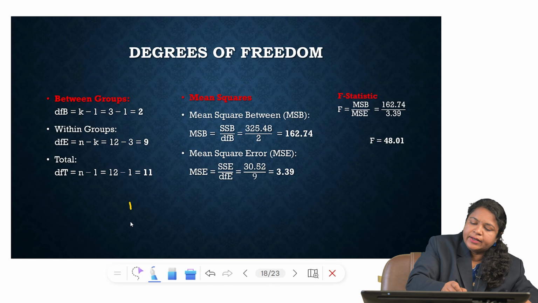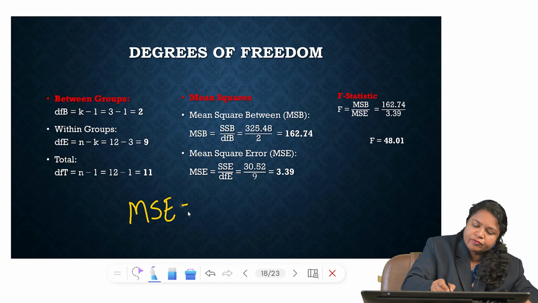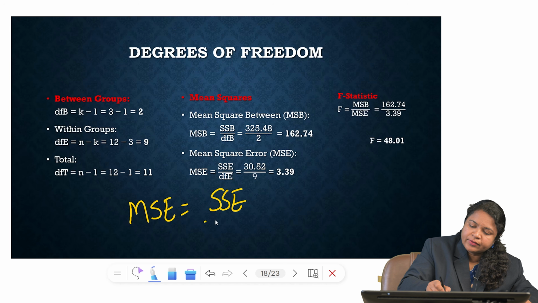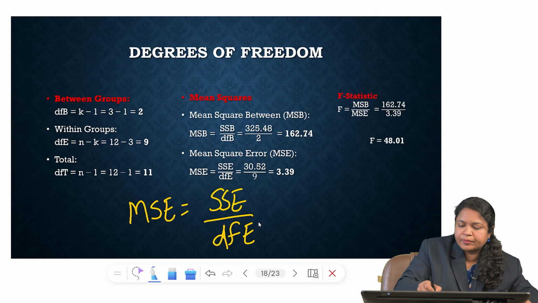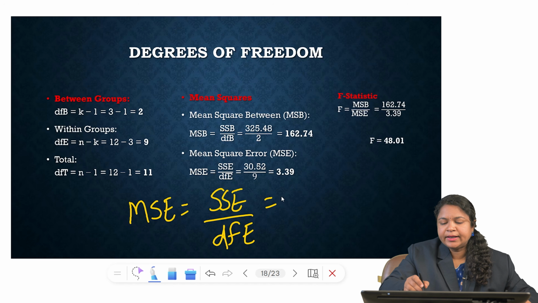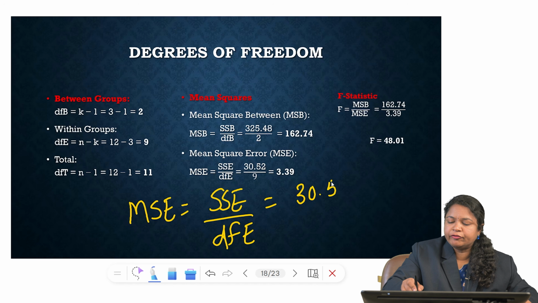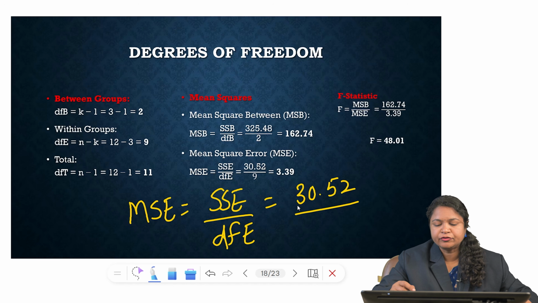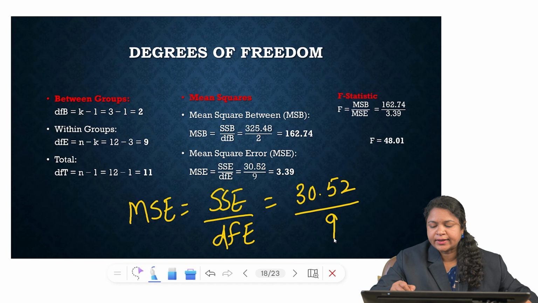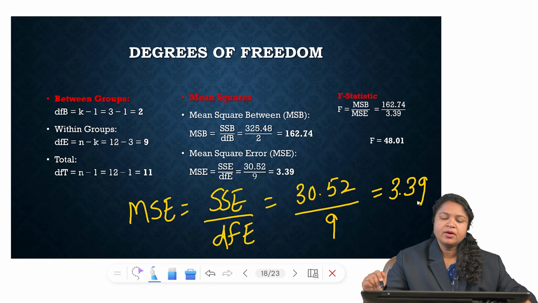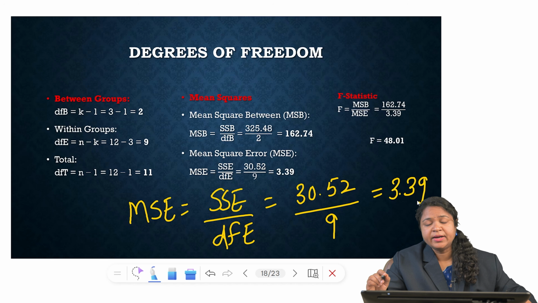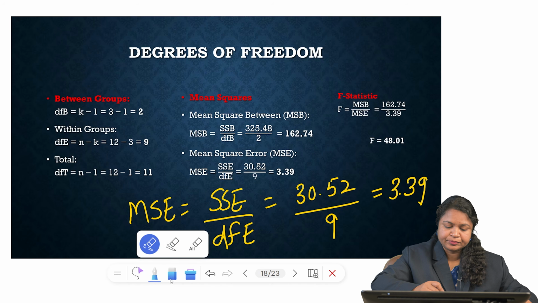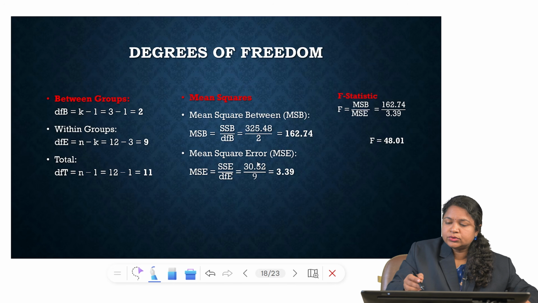Then next we have to calculate MSE. Similarly, we have found SSE divided by degrees of freedom. So SSE is 30.52 we got, and degrees of freedom within the groups we got as 9. So we will get the ratio of 3.39. So once we have calculated the mean square between and mean square error, the next thing is the F statistic.